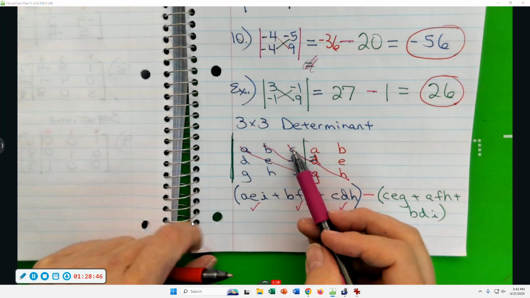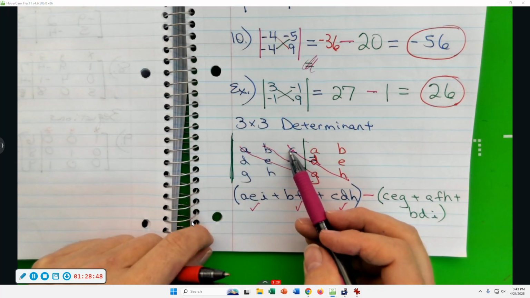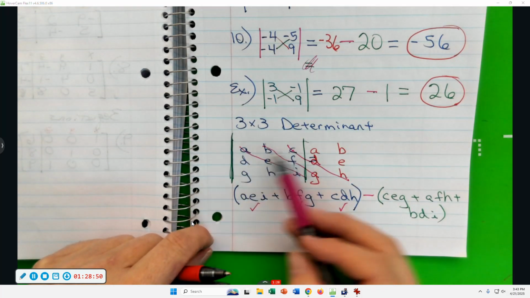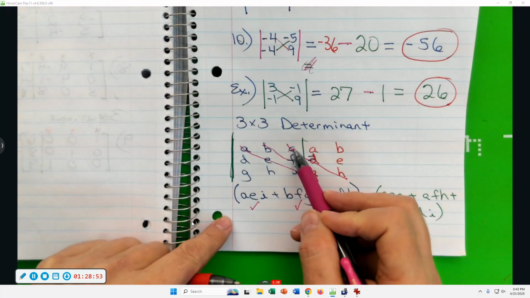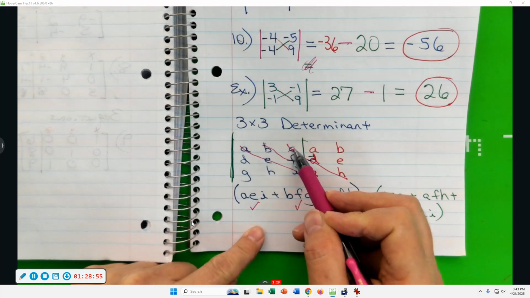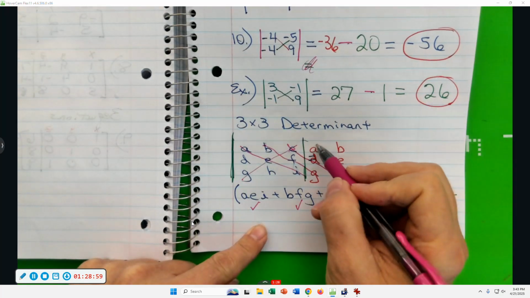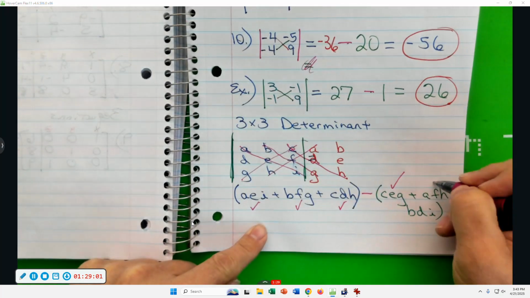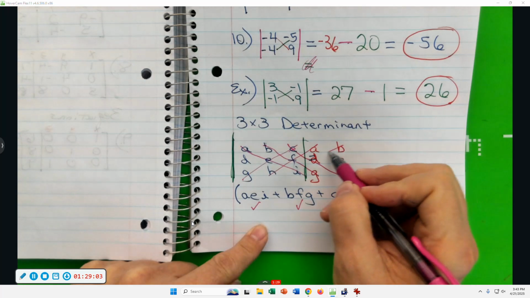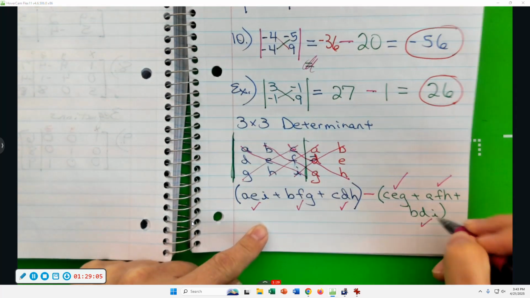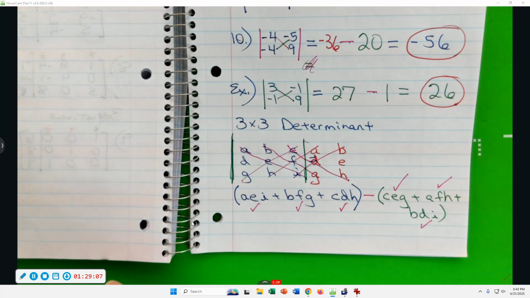Now you're still at the C. You've gone all 3 diagonals, so now you start at C and go in the opposite direction: C times E times G, A times F times H, and B times D times I. Y'all see the pattern? 3 diagonals falling from left to right minus 3 diagonals falling from right to left.